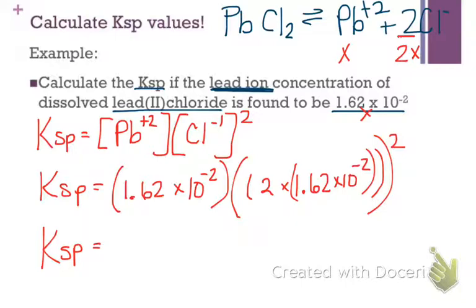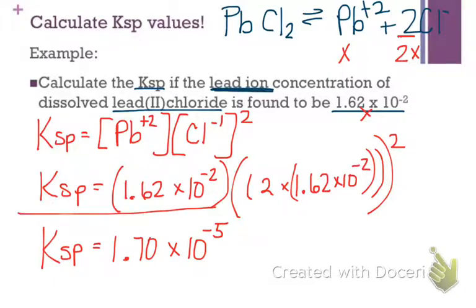And then you should get 1.70 and so on. I'm going to round to 3 sig figs. So this is going to be 1.70 times 10 to the negative fifth. Do you guys get this?